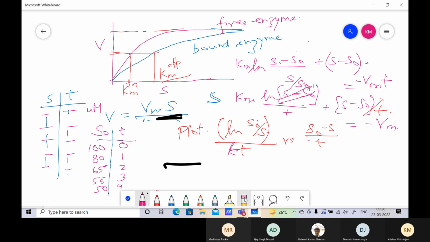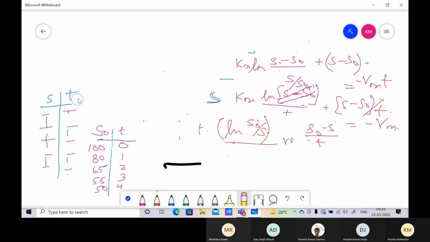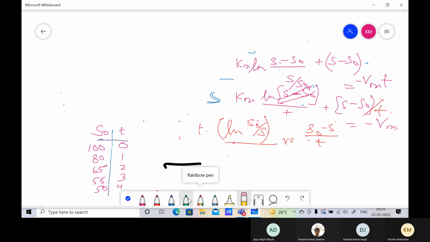How would you do this? Just let me hear you out. Either you can, see, you can't get the t equal to 0 plot, obviously.